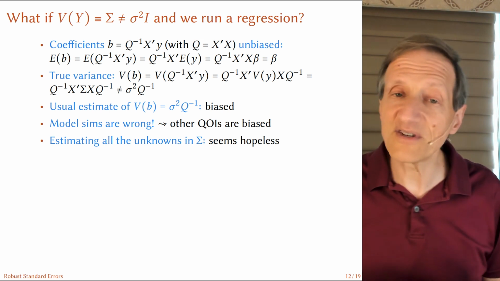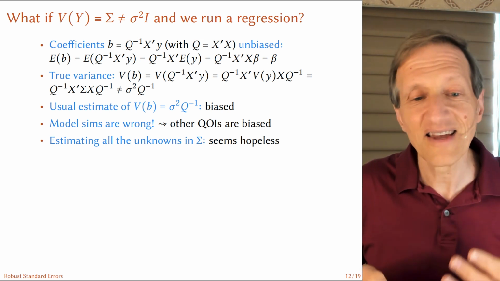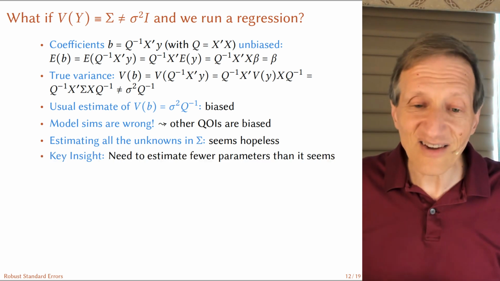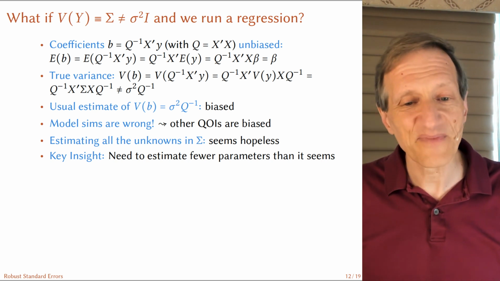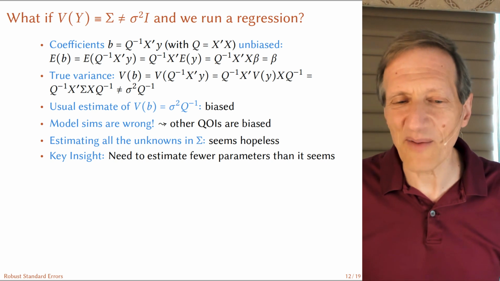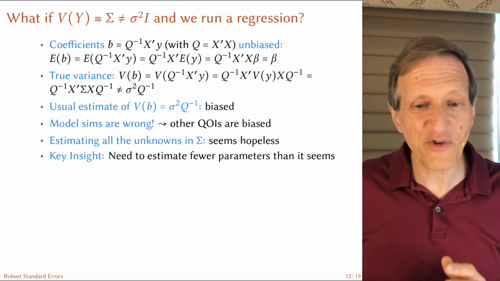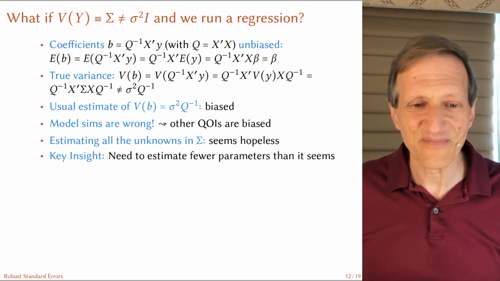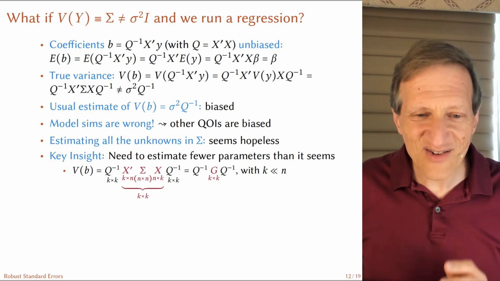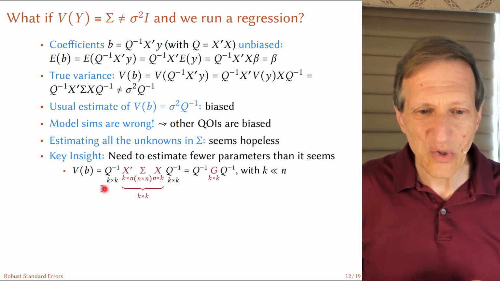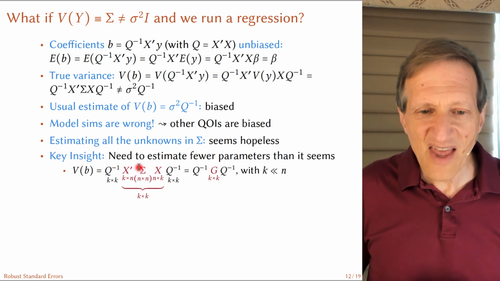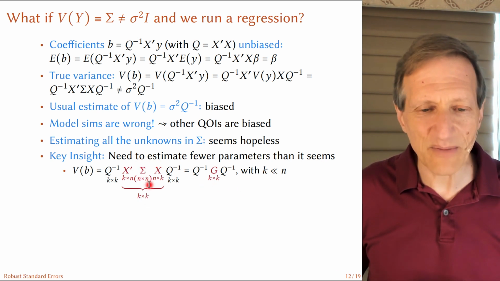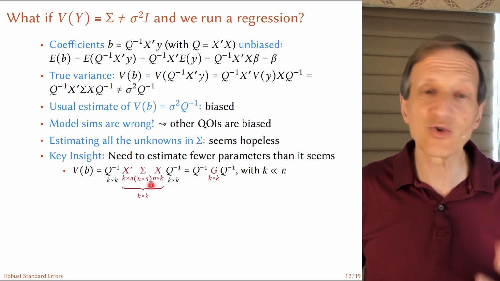And actually for decades and decades and decades, it just seemed hopeless until Hal White and some others realized that we don't actually need all those parameters. We need fewer parameters than it seems. So here's this same expression written down here, but with all the dimensions, just so we can get a feel for it. This matrix itself, sigma, is an n by n matrix. It's way too huge.